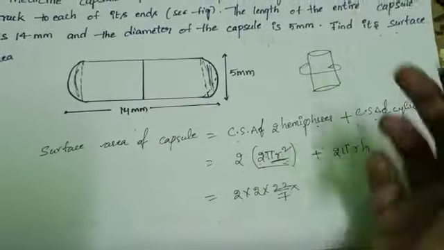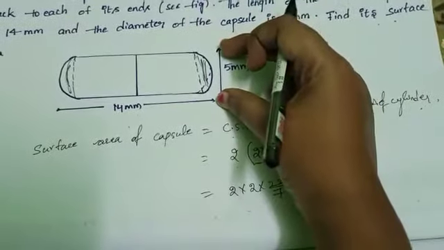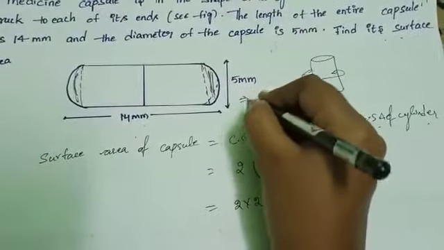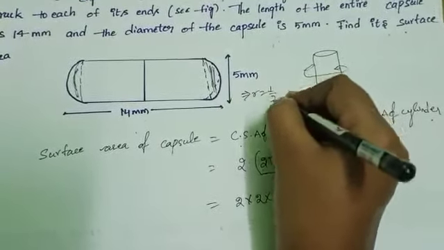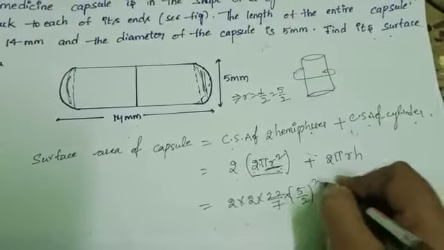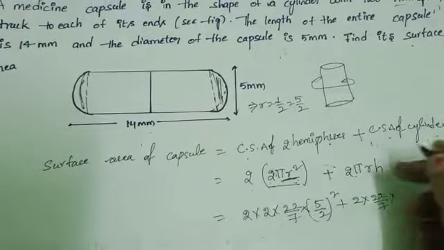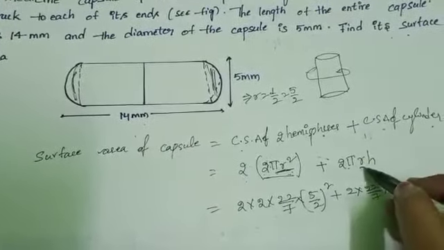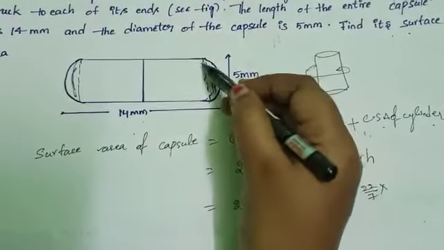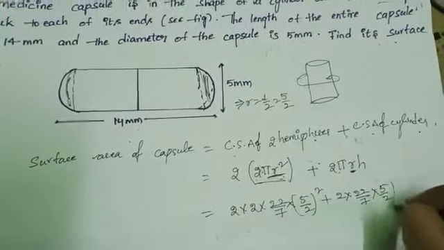What is the radius of the sphere? Here the given diameter is 5 mm, so radius equals diameter by 2, 5 by 2 whole square, plus 2 into pi value 22 by 7. Radius is here to here, 5 by 2.